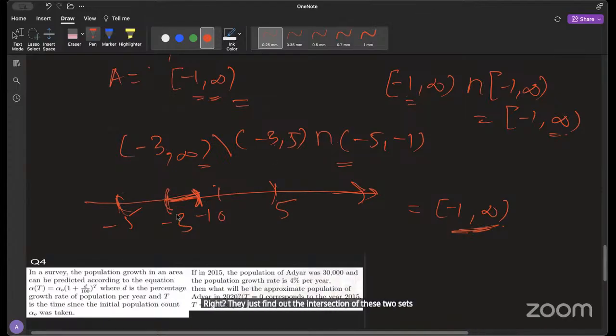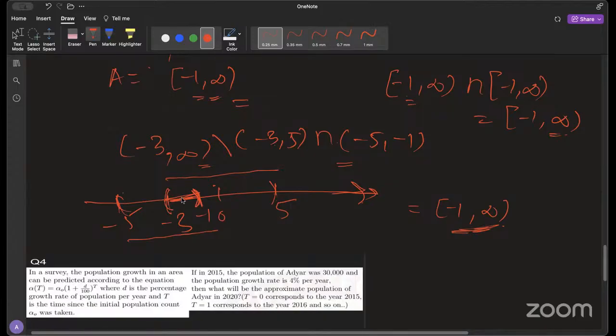This is -3 to 5, this set. And this is -5 to -1, which is this set. And when you take the intersection, it's this, right? The interval that lies in both of these intervals is this one, -3 to -1.